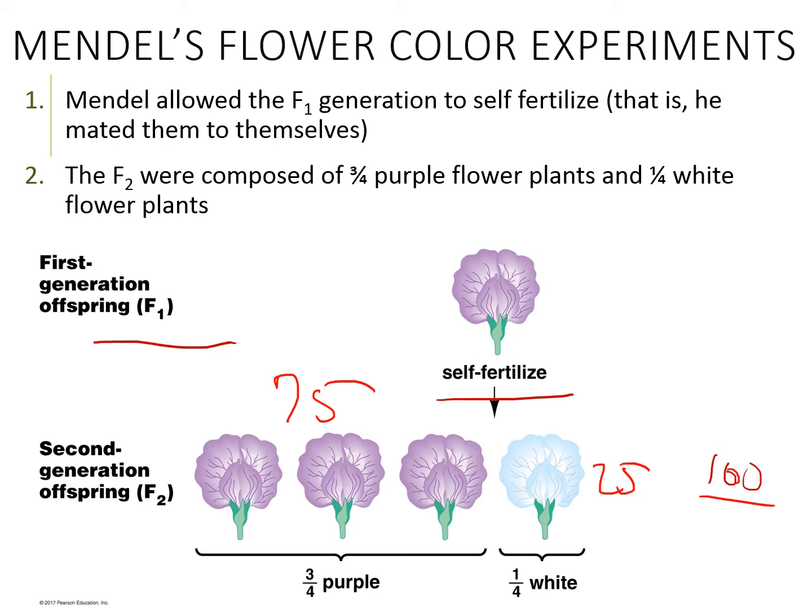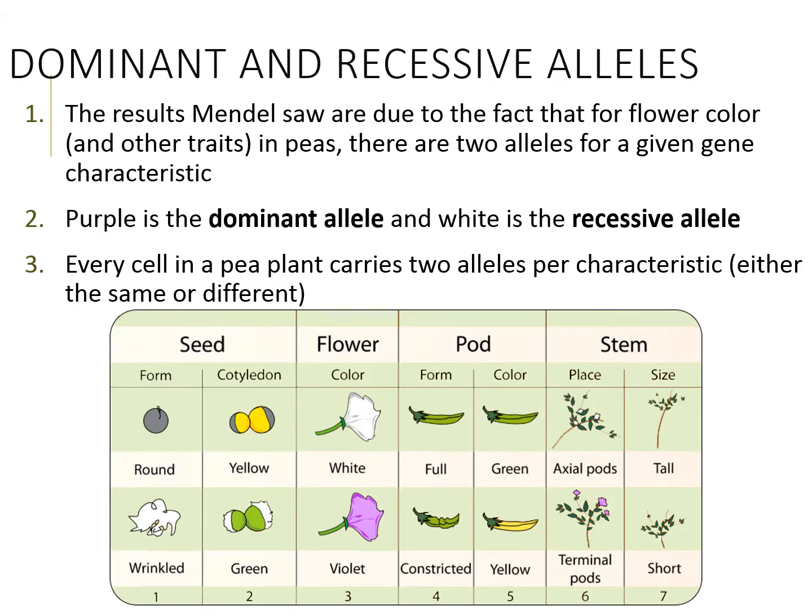It was always about that, and he repeated this with multiple traits, and the same experiment, right? So parent generation of true breeding plants produces the F1, then he self-crossed the F1, and he always got this same ratio, about 3/4 what he called dominant trait, and 1/4 what he called this recessive trait.